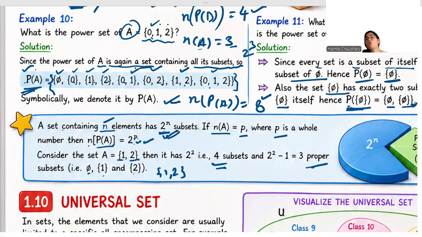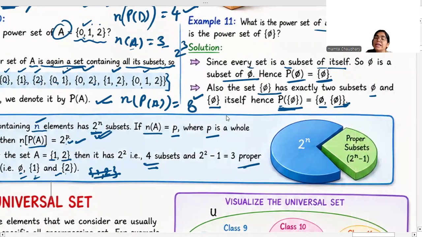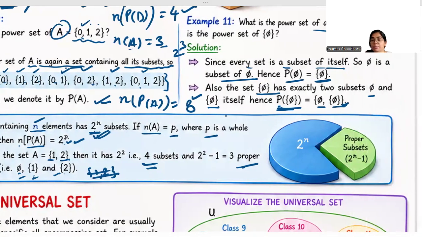Now, if you see the proper subset, it means that the complete set exactly should not be there. It means we will not count this one set. One set will be removed. So there will be 3 sets. So we can say that if a set has n elements, it has 2 raised to power n subsets.